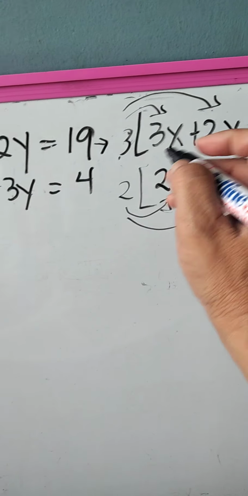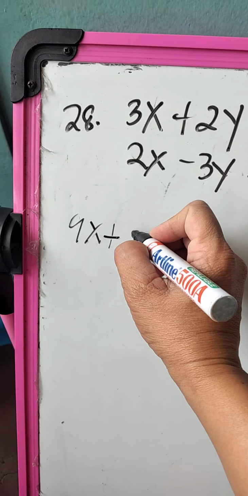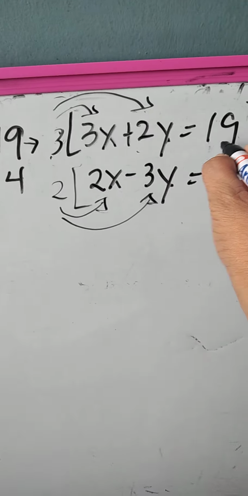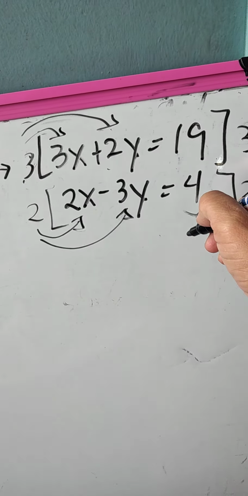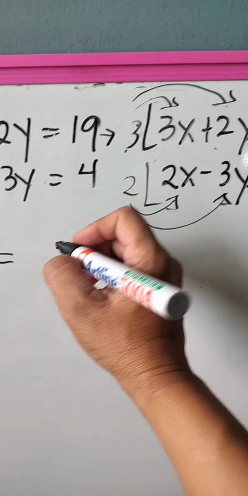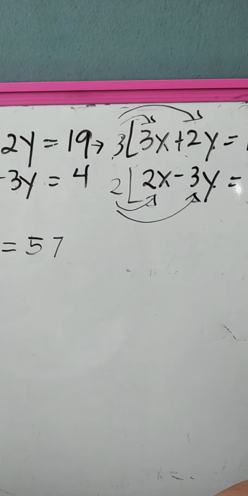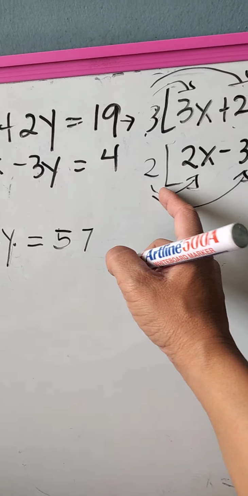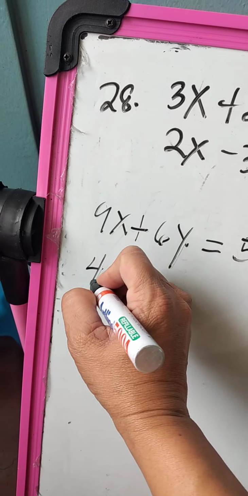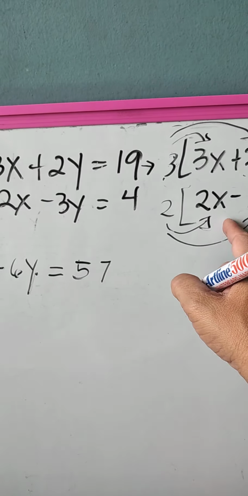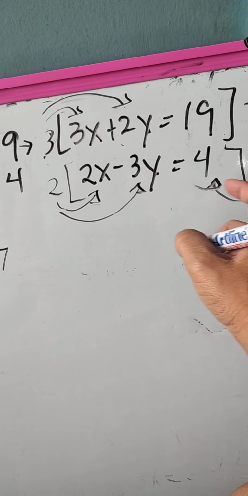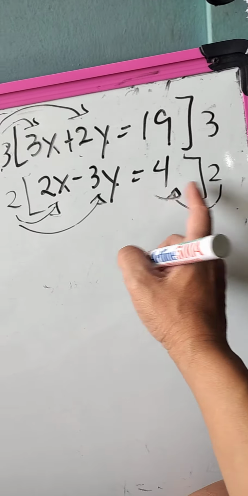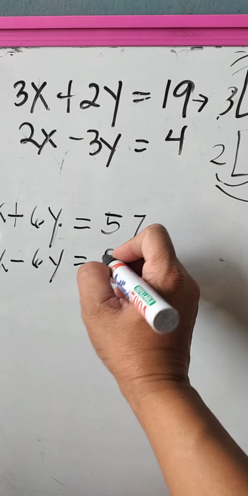Next, 3 times 2y will give you positive 6y. 19 times 3: 3 times 9 is 27, carry 2, it's 57. Now this one, 2 times 2x will give you 4x. 2 times negative 3y will give you negative 6y. 4 times 2 will give you positive 8.